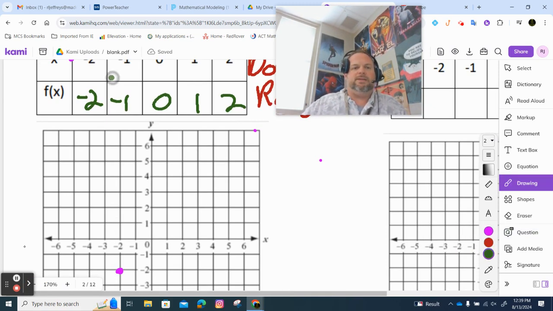All right. This one here, we go -1 to -1, make another dot. 0, 0, 1, 1, and 2, 2.